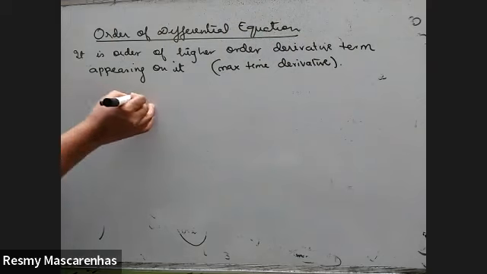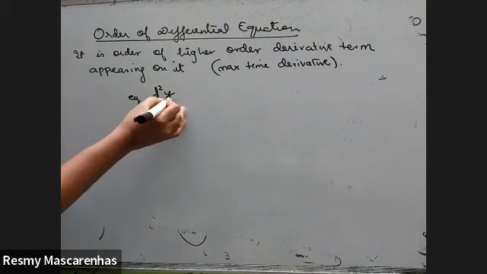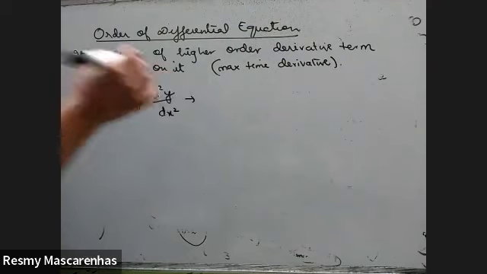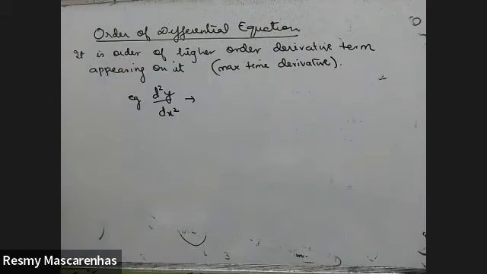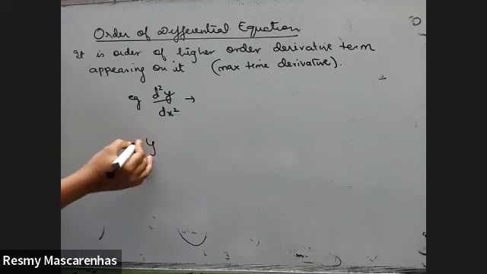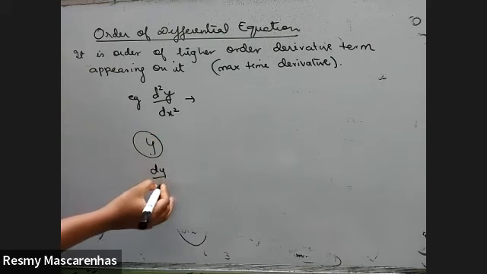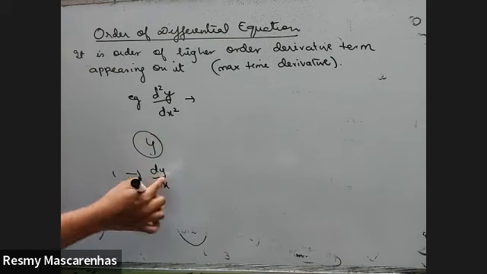Example, how many times do you think this one has been differentiated? How many times has the function been differentiated? Yes, two times. Whenever it is y, this is a function given. Then the first time when you differentiate, you get dy by dx. The order is one.